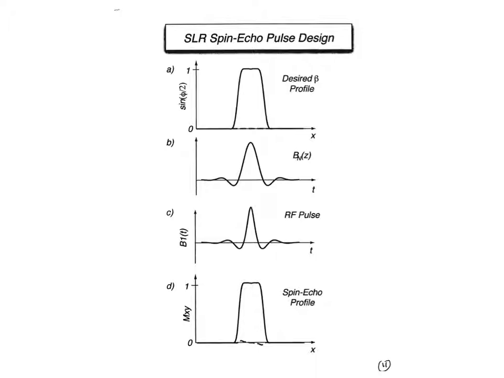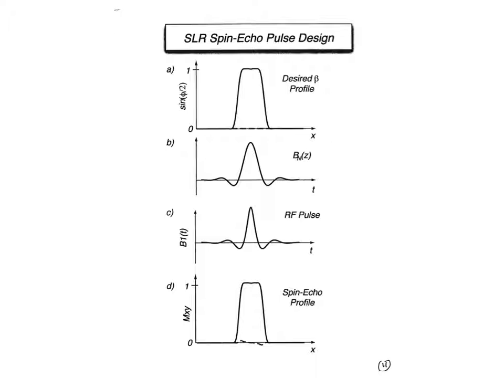So to just zoom in on this problem, here's the desired beta profile we want, right? This is the linear response, the response of the linear discrete time beta filter that we generate. This is the filter that we get from this desired beta response. And if you compare that to the RF pulse, you can see how the RF pulse has a narrower main lobe than this filter, right? That makes sense because we know that there's a bandwidth narrowing effect as we scale up a linear filter to excite large flip angles.